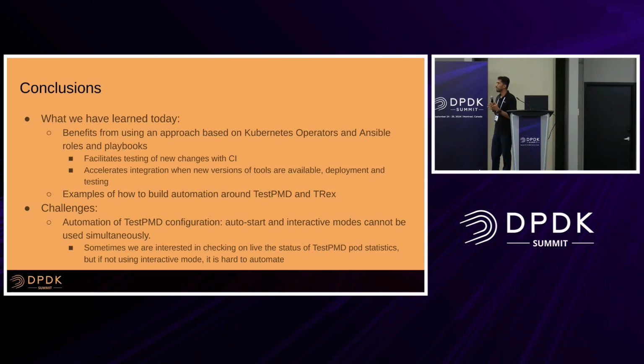We are not testing specifically the latest DPDK versions, but this is something that we can do in the future. Today we have seen how we can use automation to put testpmd and TRex in containers and run them in a Kubernetes platform.